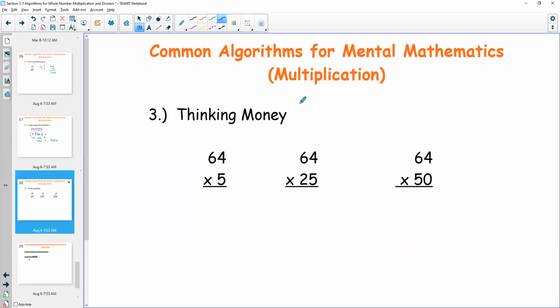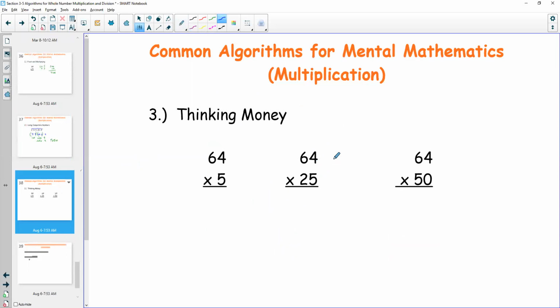The other thing we can do is think about money for multiplication. So I can think about 64 times 5. We just did that. We know it's 320, right? No, it's not. Yeah, it is. Okay. But I can think about it in quarters, right? So if I did 64 times 25, what I really have to think about is there's 4 quarters in $1, right?